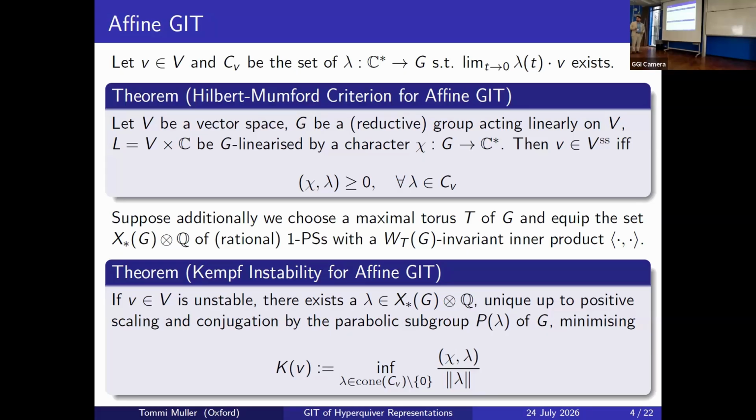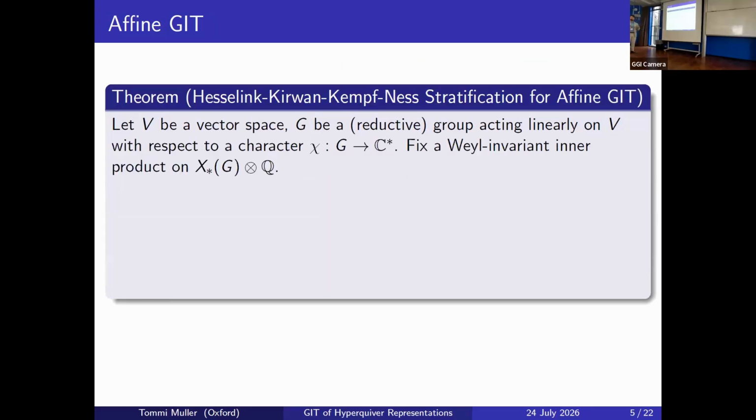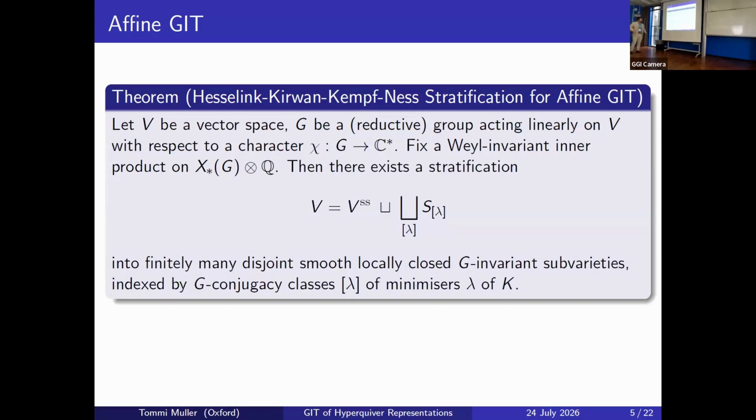And then what does it look like globally? Again in the affine GIT setting, L is twisted by a character, and we have an inner product on the rational one parameter subgroups. Then there exists a stratification of the space V into a disjoint union of finitely many smooth, locally closed G-invariant subvarieties.